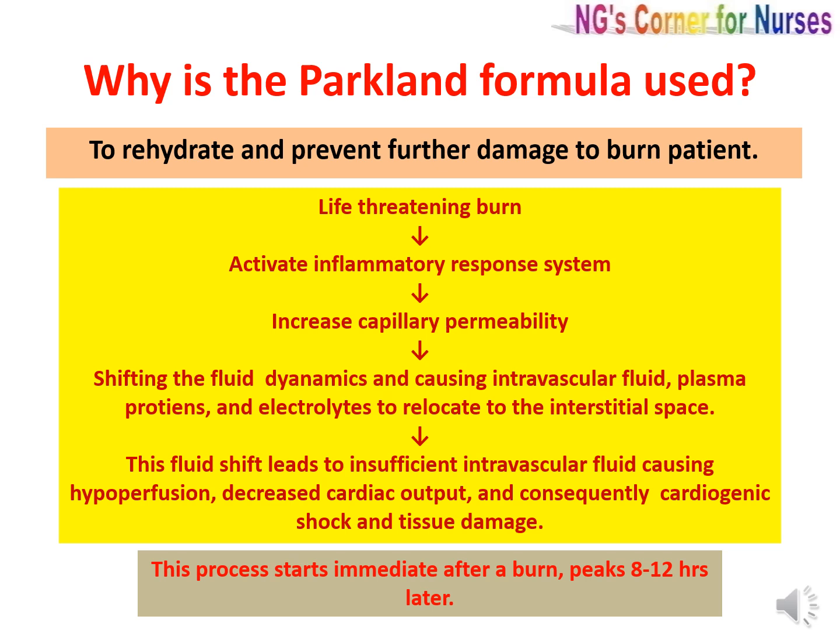Whenever a life-threatening burn injury occurs, it may activate an inflammatory response system which can increase the capillary permeability, thereby shifting the fluid dynamics and causing intravascular fluid, plasma proteins and electrolytes to relocate to the interstitial space, that is the area in the tissue surrounding cells.